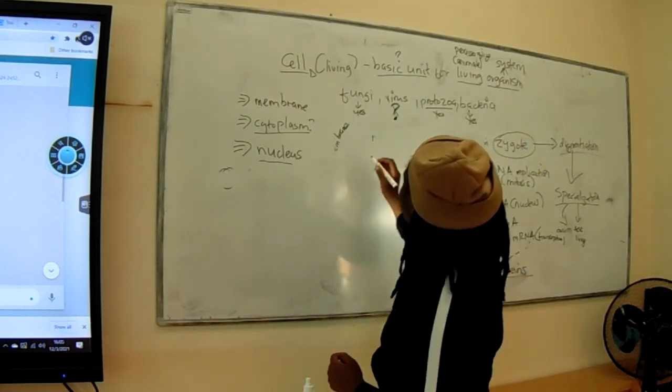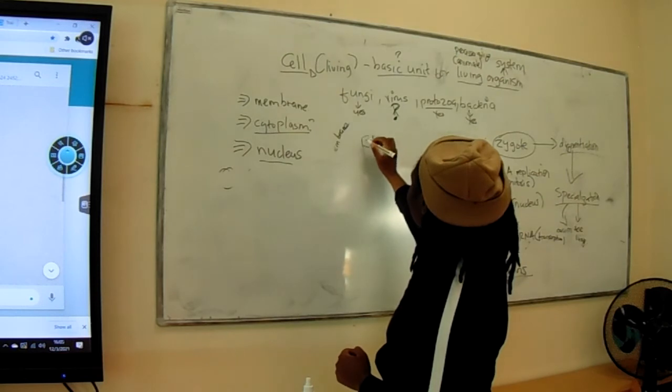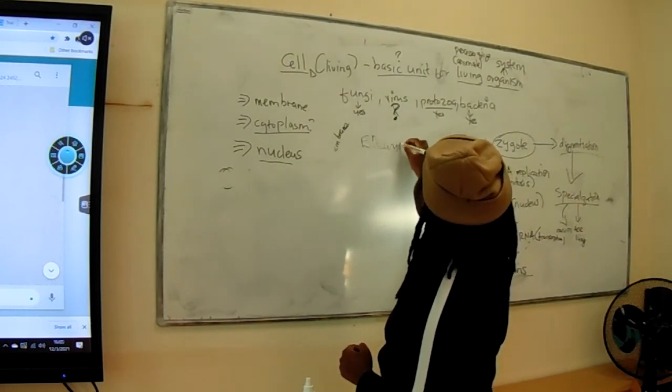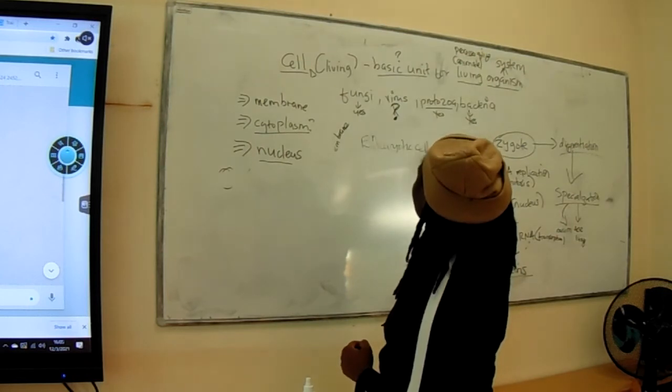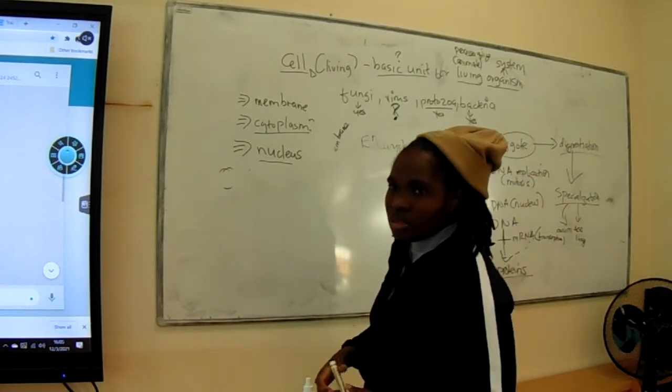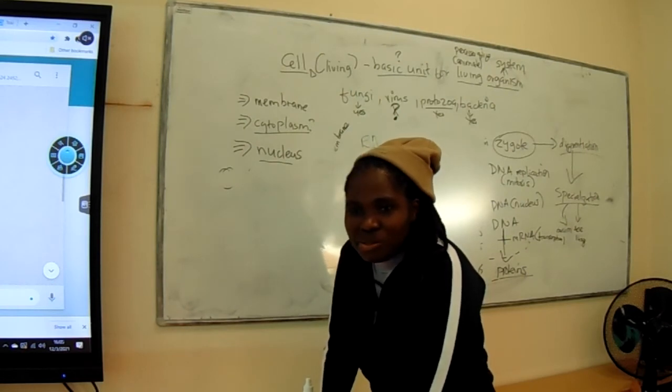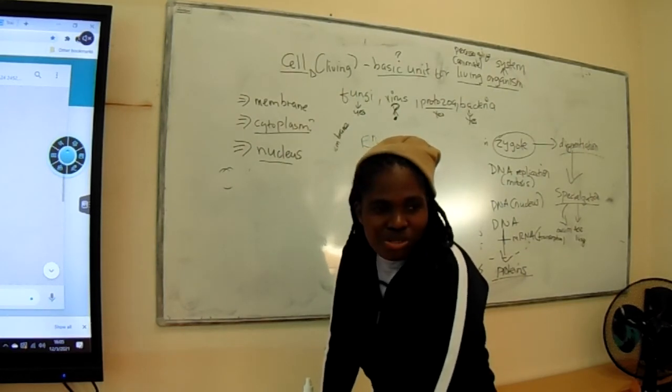How do you define a eukaryotic cell? What is a eukaryotic cell? You are allowed to consult your Google.